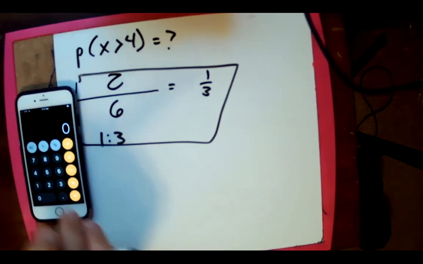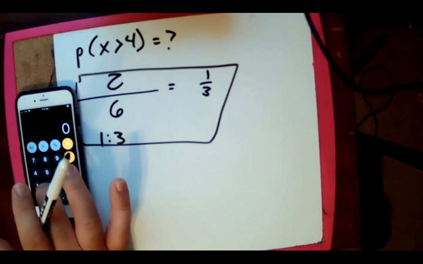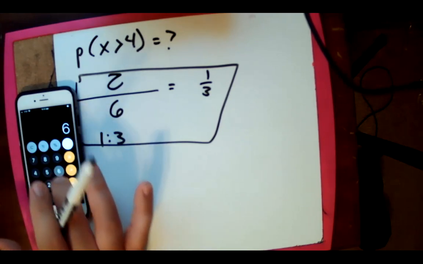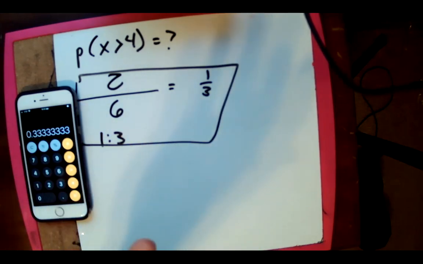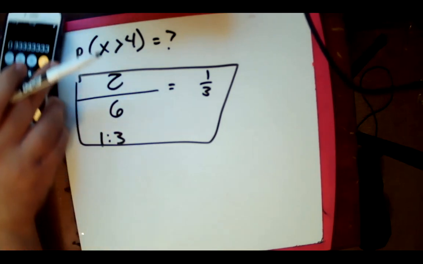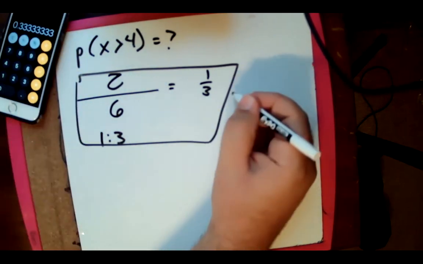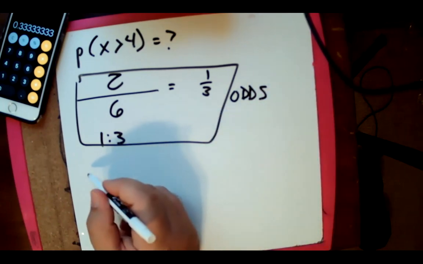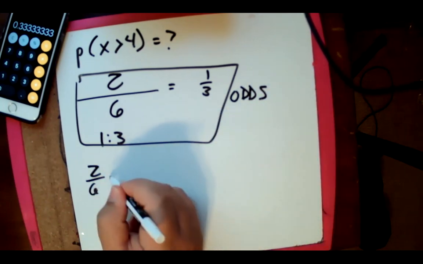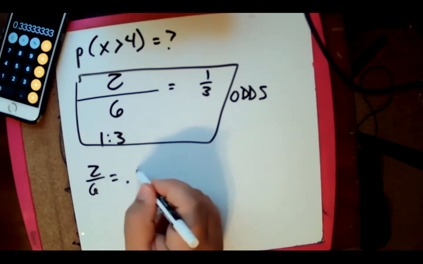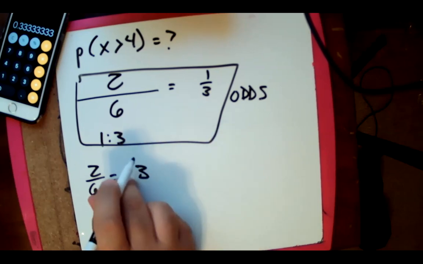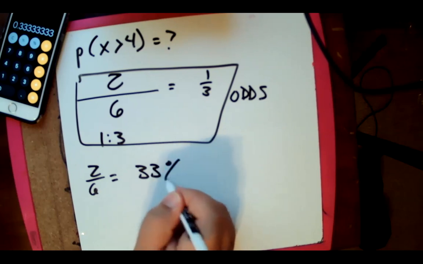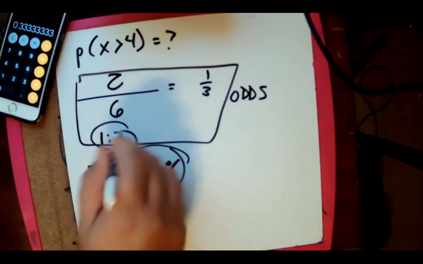Here's my calculator. So we'll just do 2 divided by 6 equals 0.33, right? So this was a question about odds. And if we wanted a question about chance, then we would do 2 divided by 6 equals roughly 33%, right?